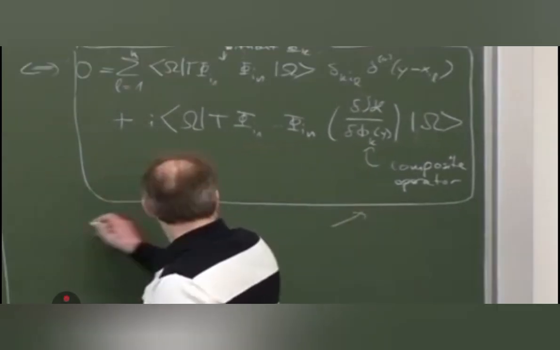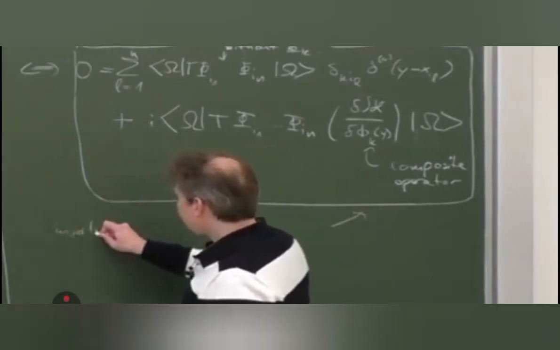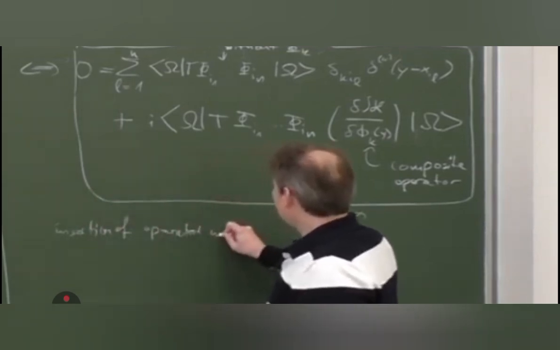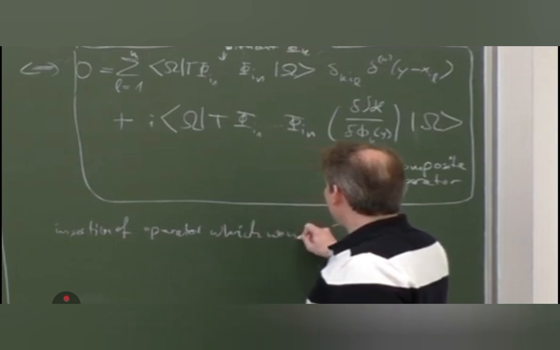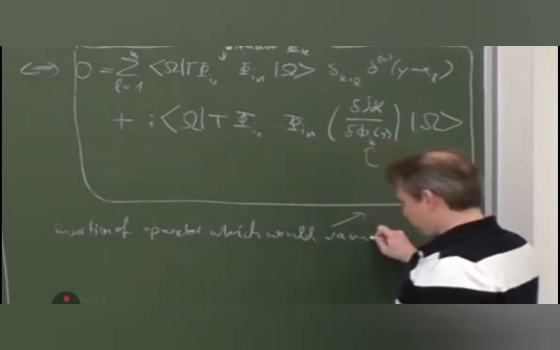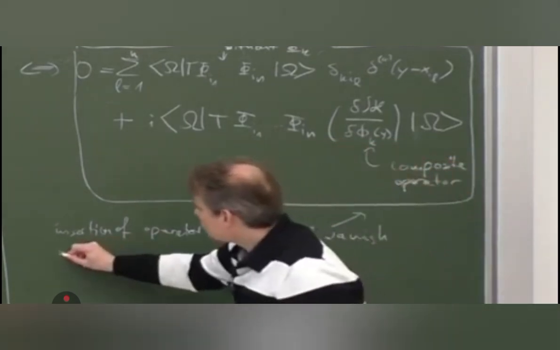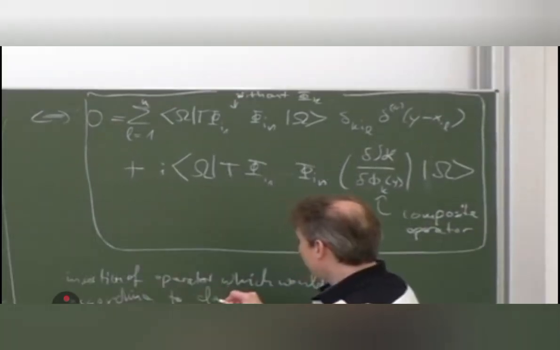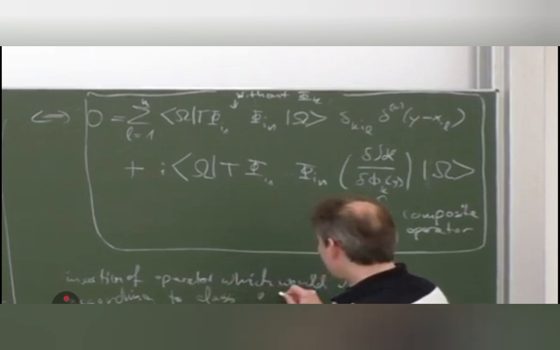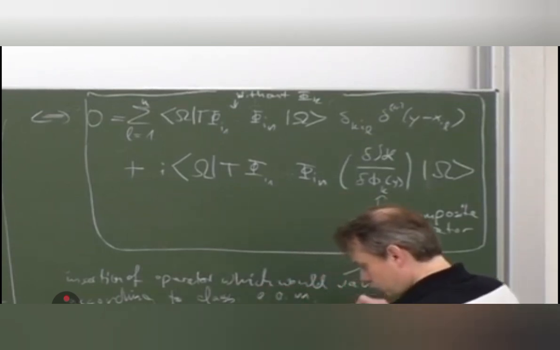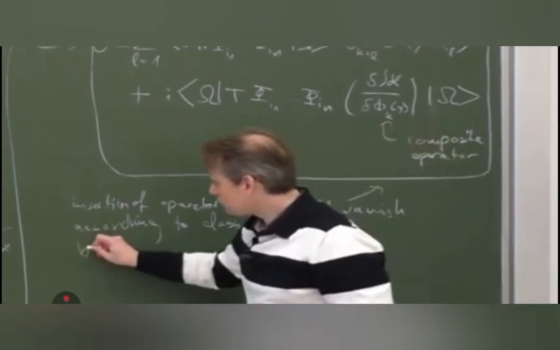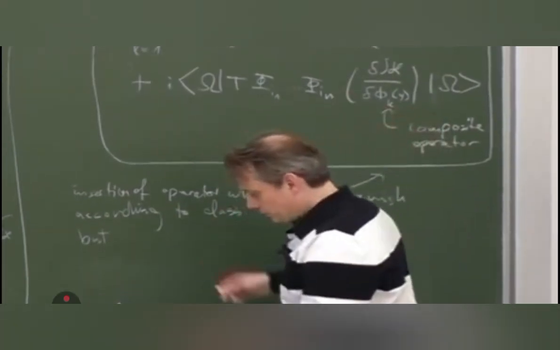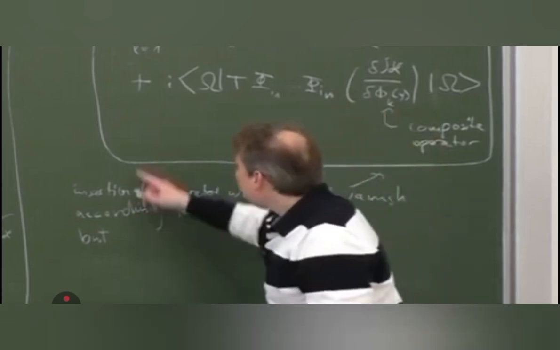So this thing here is an insertion of an operator which would vanish according to the classical equations of motion. But it doesn't vanish in the full quantum theory because of the time ordering here.